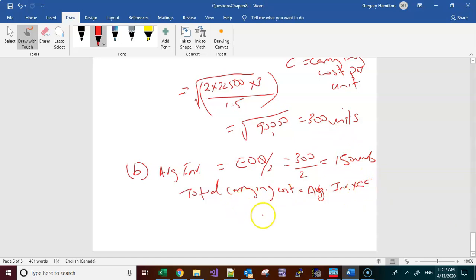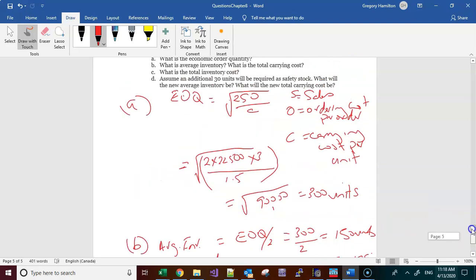So what is that equal to? That's equal to 150 units, which we know for our inventory, multiplied by $1.50 per unit. So this should give us a total carrying cost of $225. So that's for B.